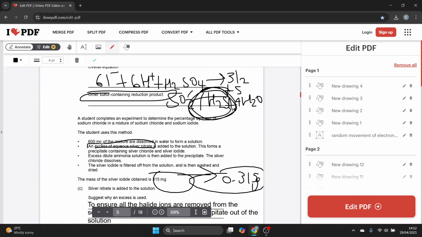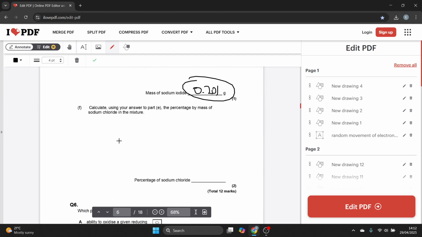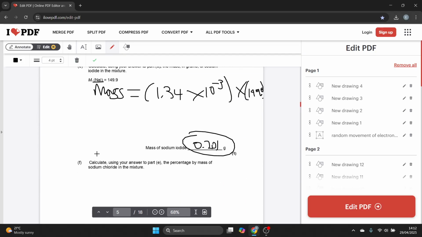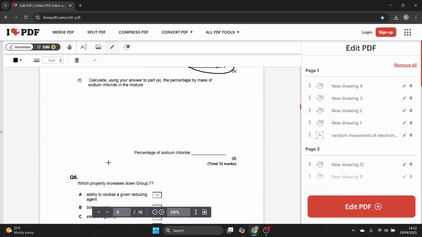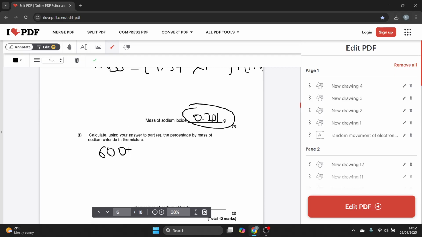The total is 0.600, which I convert to milligrams, so 600 minus 201 gives 399, the mass of sodium chloride in milligrams.